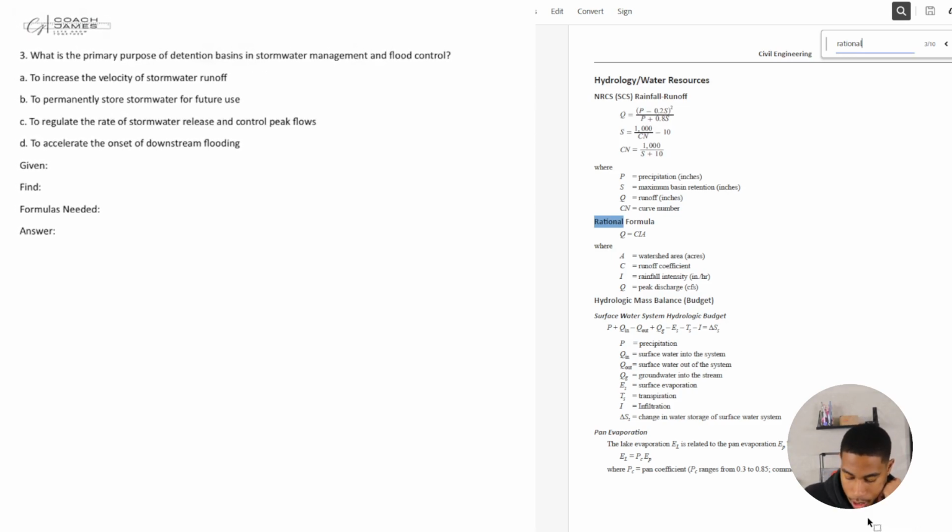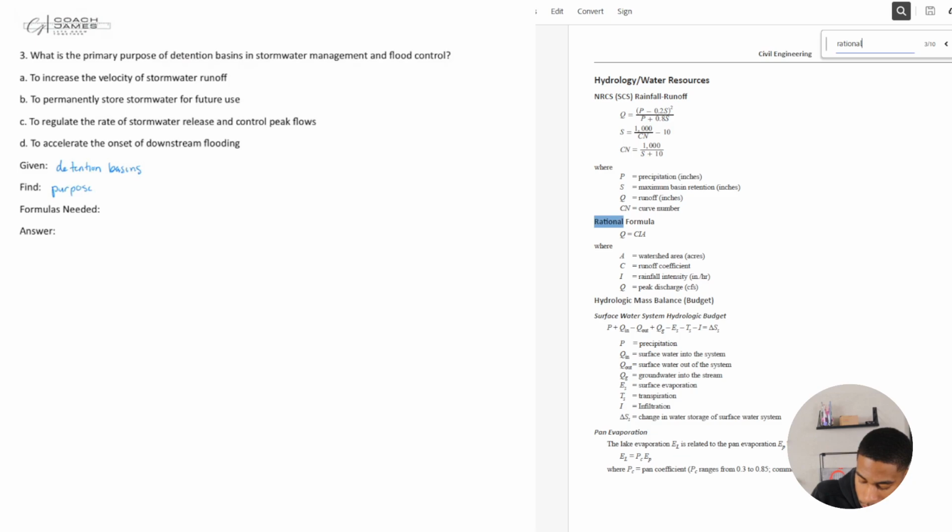So this one says, what is the primary purpose of detention basins in stormwater management and flood control? Okay. Let's take a look at it. So we're given detention basins, and we're trying to find the purpose.